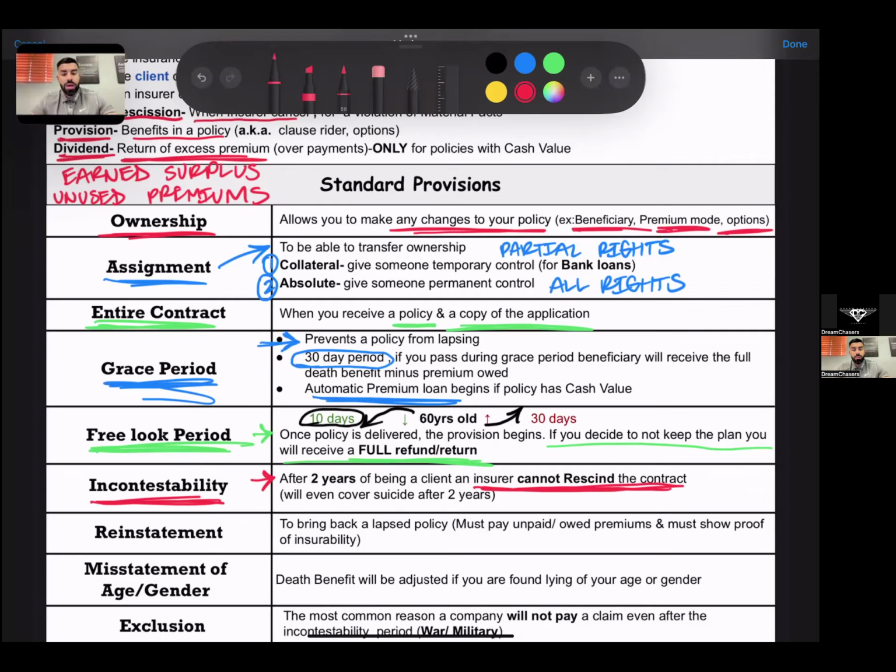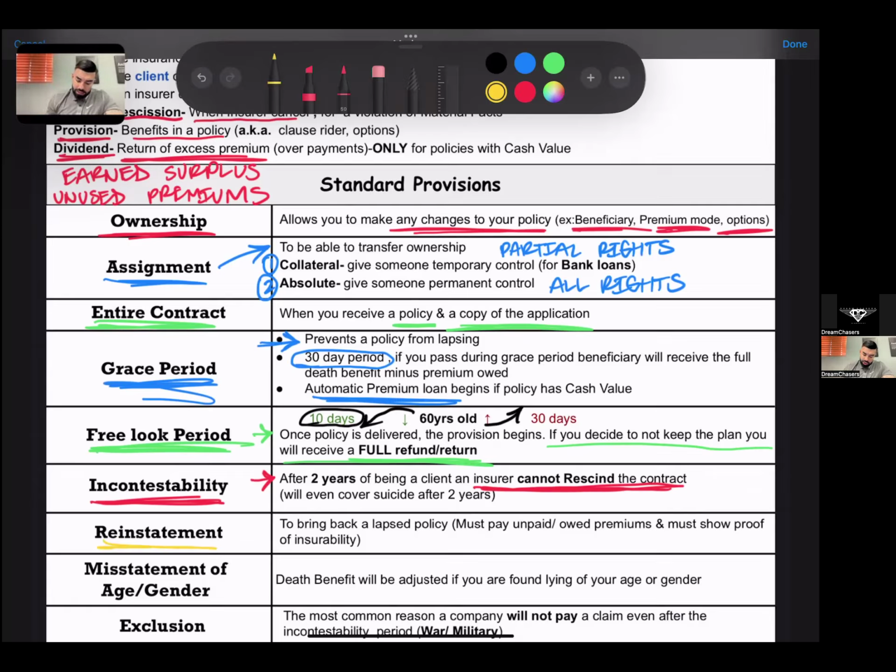Okay. So with the majority of the companies, there is a suicide clause that if anyone commits suicide within the first 2 years of having the policy, the company will not pay out. Once those 2 years are up, then the policy becomes what's called incontestable. And now, even if the person dies due to suicide after the 2 years, the company will pay out the death benefit. Okay. So within the first 2 years is known as the contestability period.